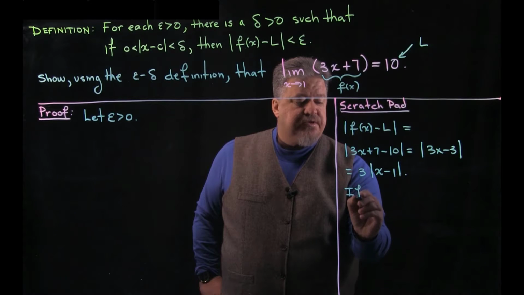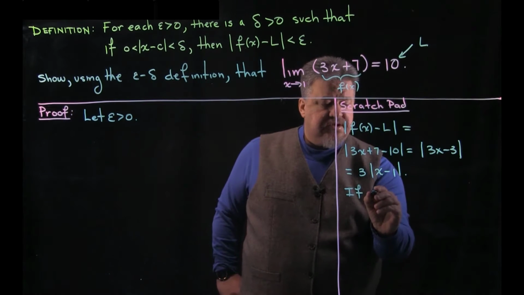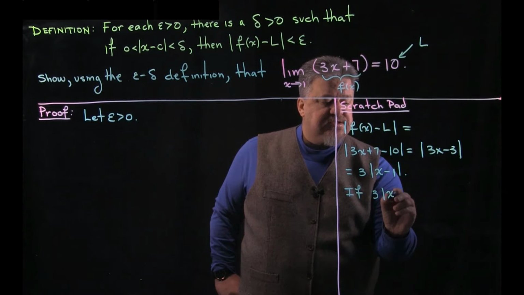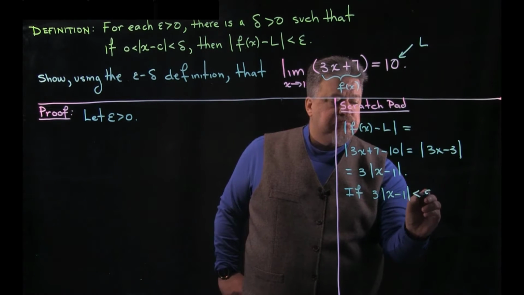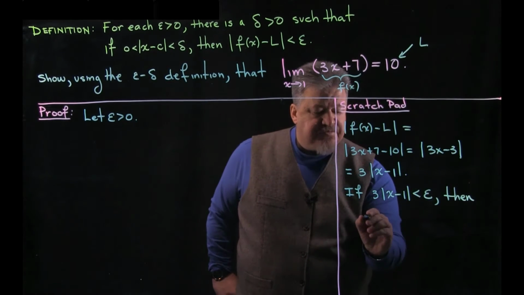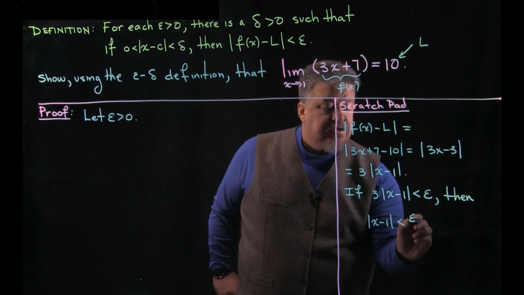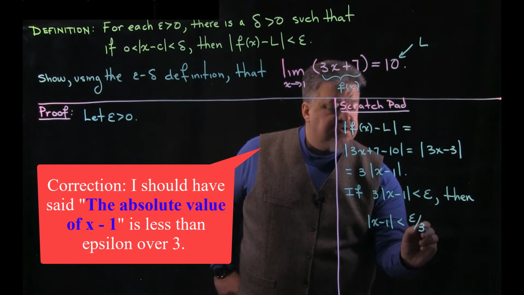Now, we want this to be less than epsilon, as stated in the definition. Well, let's see what happens. If that were less than epsilon, then we could divide both sides by 3, and we could deduce that the absolute value of x minus 1 is less than epsilon over 3.